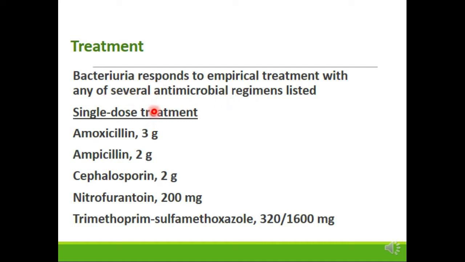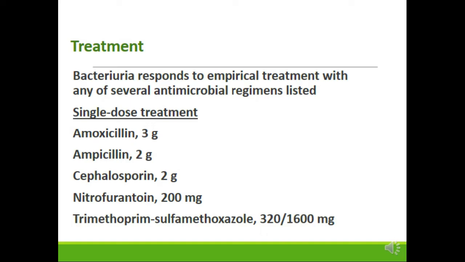We have single dose regimens such as amoxicillin 3 gram, ampicillin 2 gram, cephalosporin 2 gram, nitrofurantoin 200 mg, and trimethoprim-sulfamethoxazole 320 per 1600 mg.